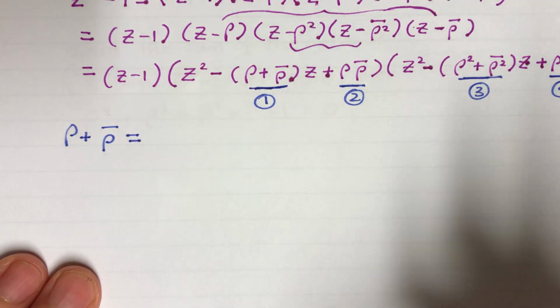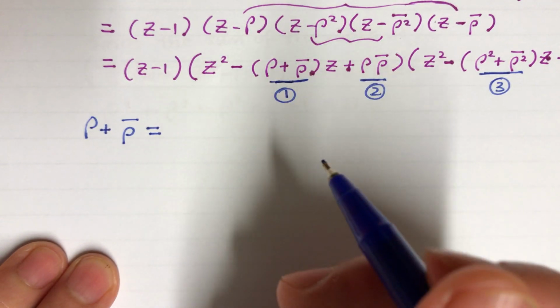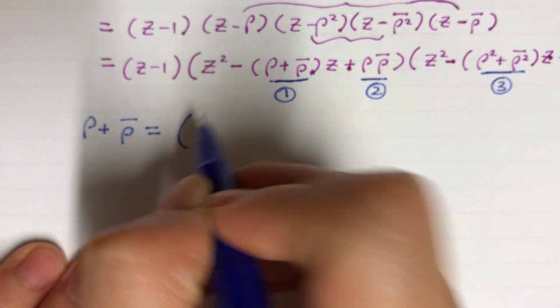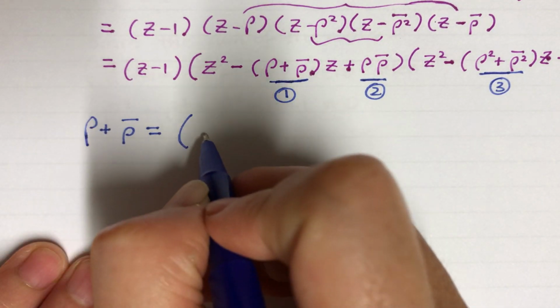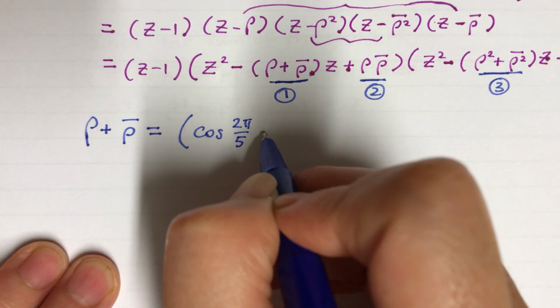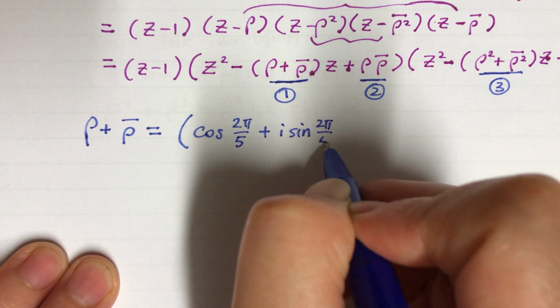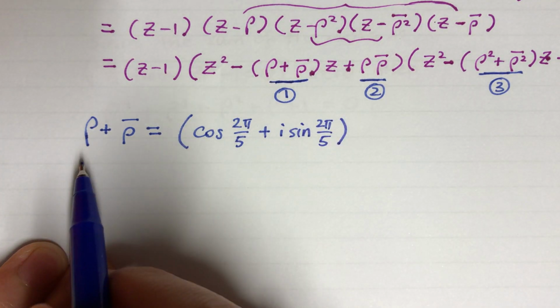Okay, now when we calculate this one, we need to put it in polar form. So rho will be cos 2 pi over 5 plus i sine 2 pi over 5. Okay, so that's rho.